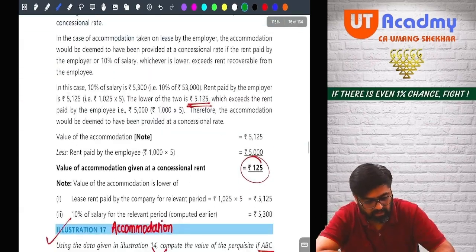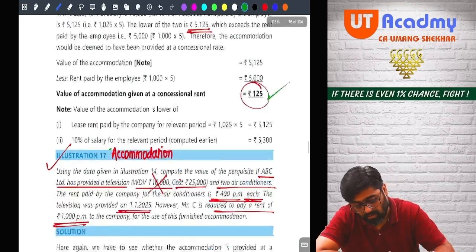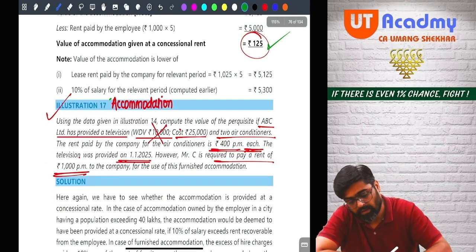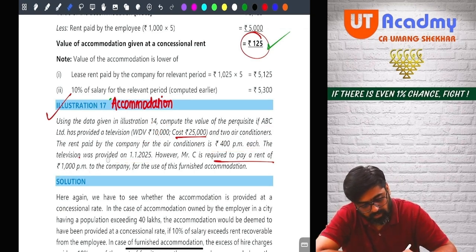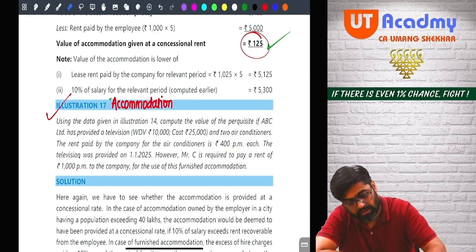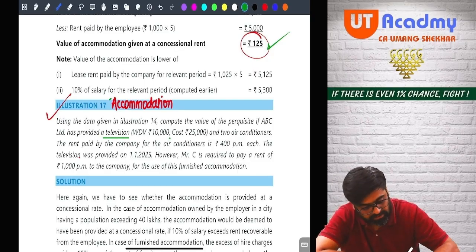Please check the final answer. 125. Can you see? Everyone, easy or difficult? Easy, no? Now the same thing. See, illustration number 17. They are saying that if ABC Limited has provided a television whose WDV is 10,000, cost is 25,000. Forget about the WDV.